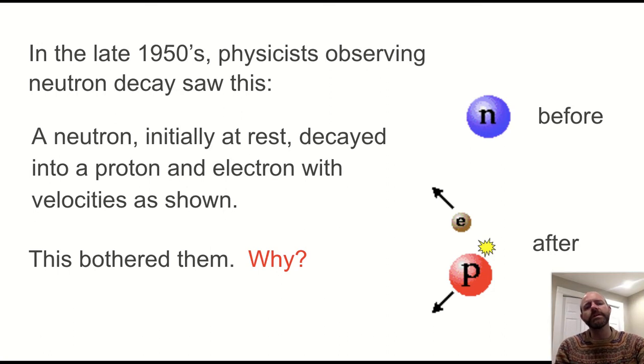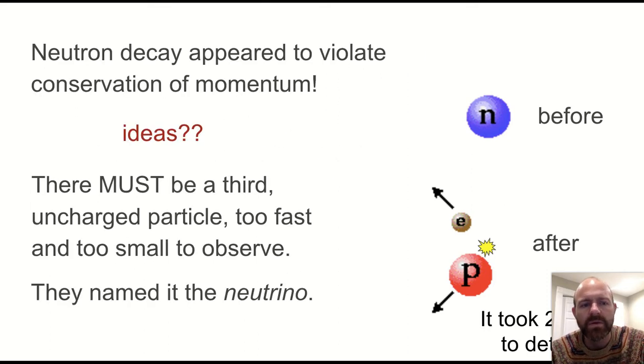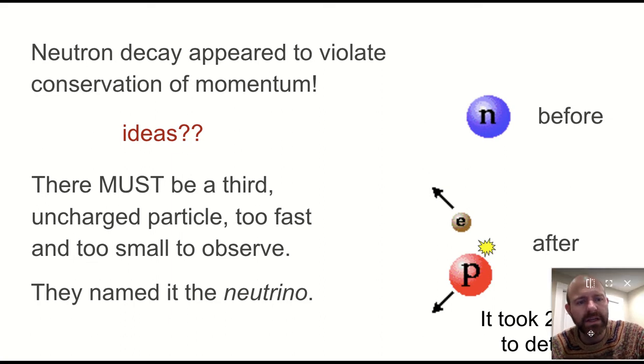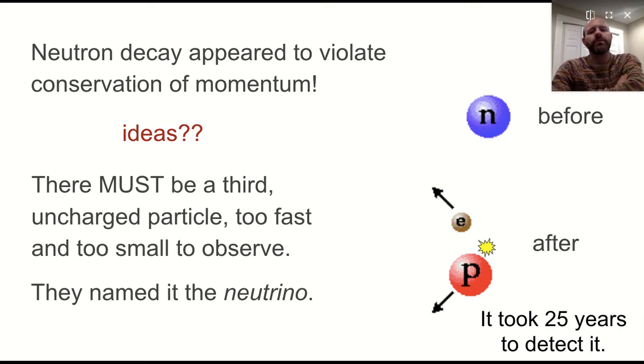This is a little history of how the full understanding of momentum has developed. We understood something about momentum before, but when looking at nuclear physics and neutron decay, they saw weird things happening. It bothered them because we had this idea from Newton that momentum should be conserved.